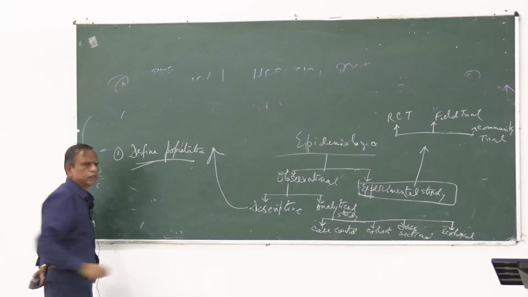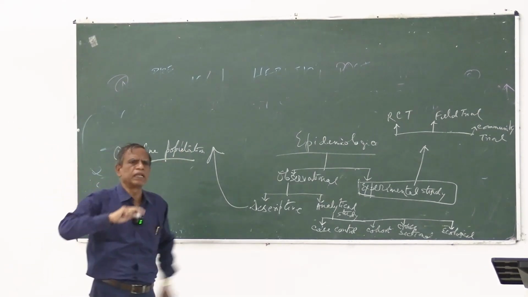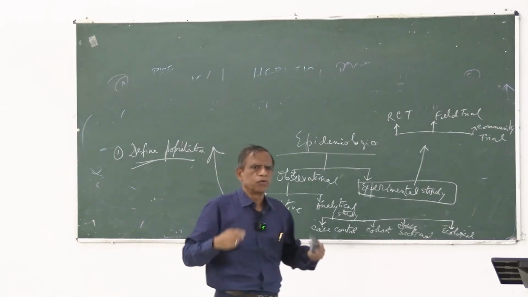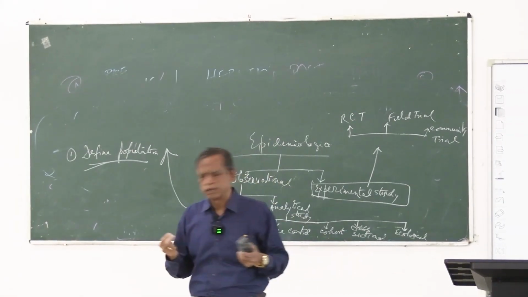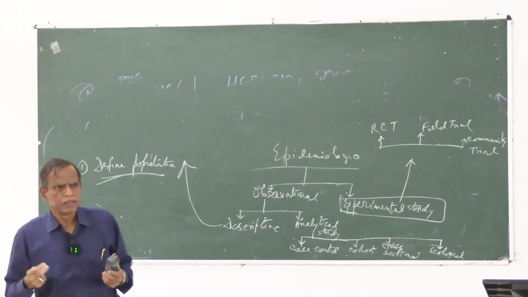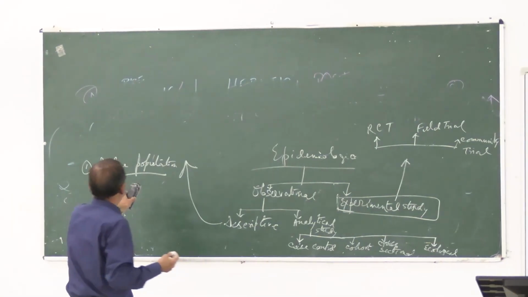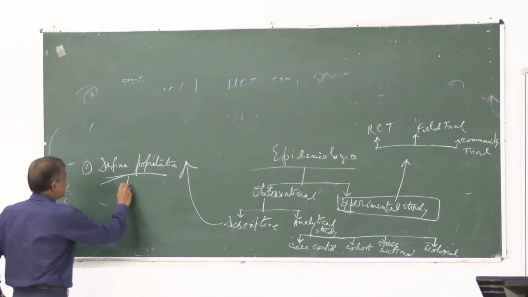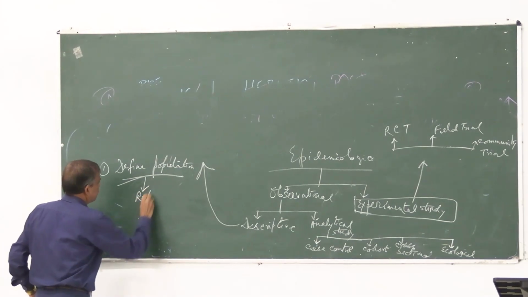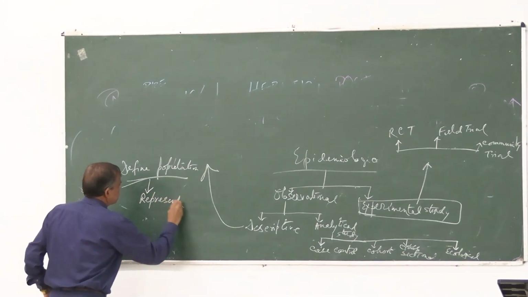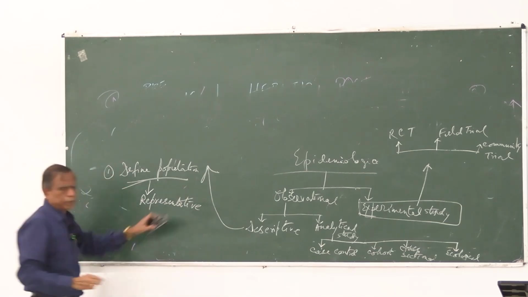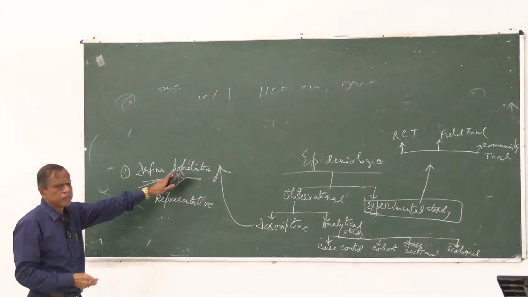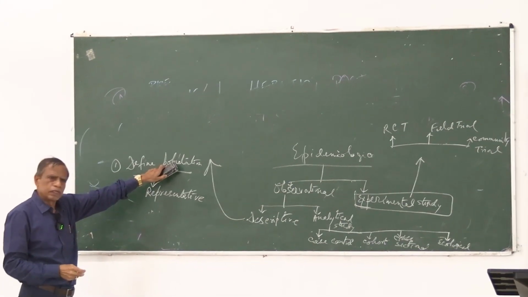If the population is very large, in that case we have to take the sample, a representative sample. By doing sampling, you have to take the representative sample chosen from this population. Clear?